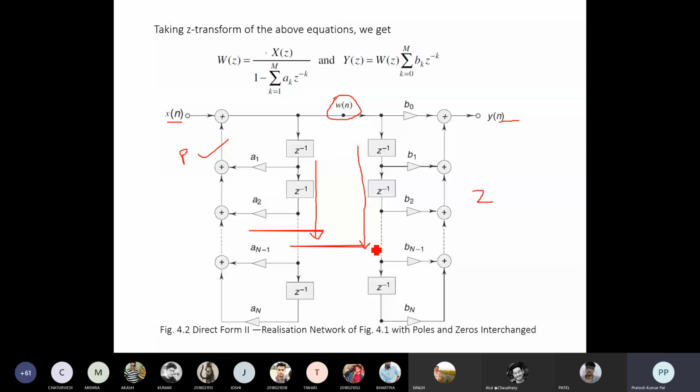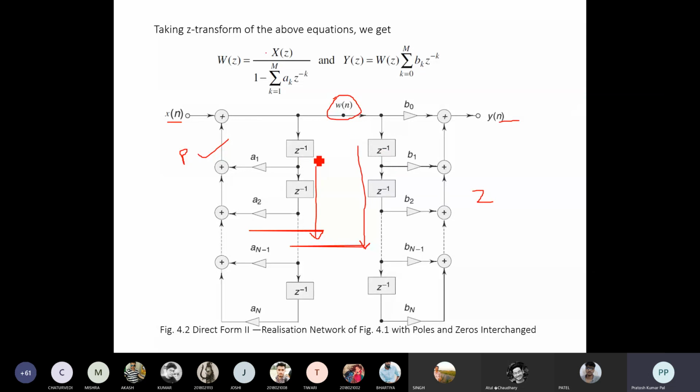So from there we have the advantage that we can minimize the number of delay elements used for defining a particular structure. So the same IIR filter can be represented by reducing the number of delay elements, because in both terms, in the poles and zeros, the delayed version of w of n is used.